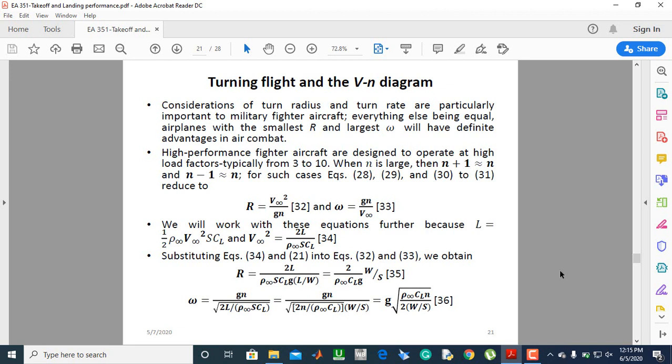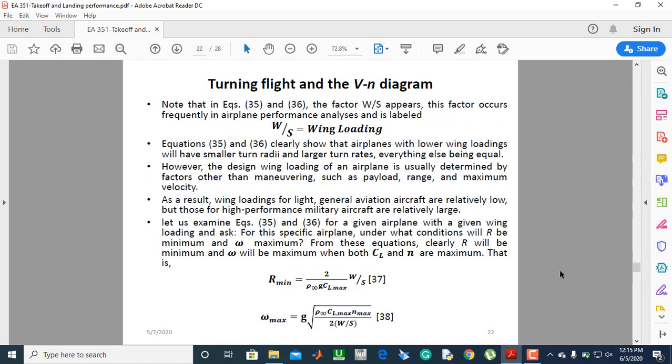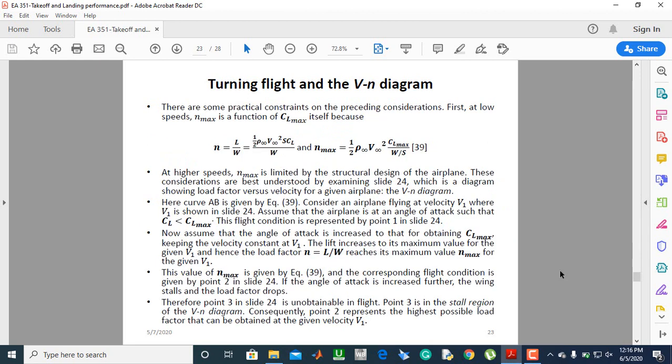Then the turn rate will be maximum when the load factor is maximum. I hope this makes sense. Everything else being equal, you can make that deduction. And this is exactly what equation 37 and 38 are trying to highlight. Okay?